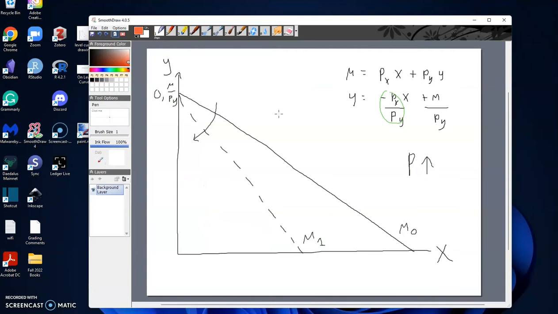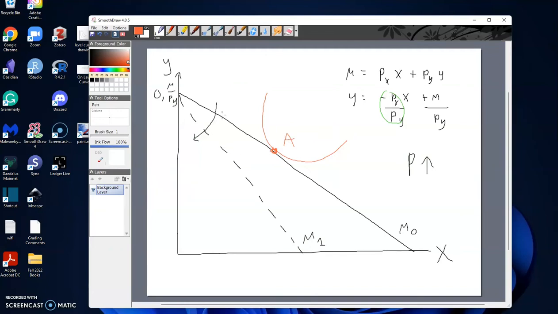But just know that for our original budget set, the optimal level of consuming good X and good Y, at the highest utility level it can reach, would be something like this. We'll call this point A.